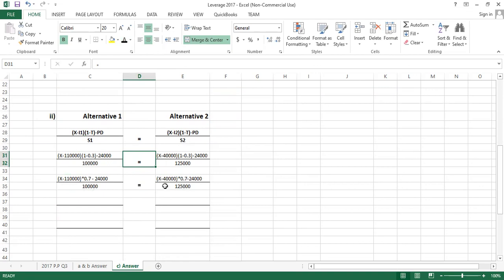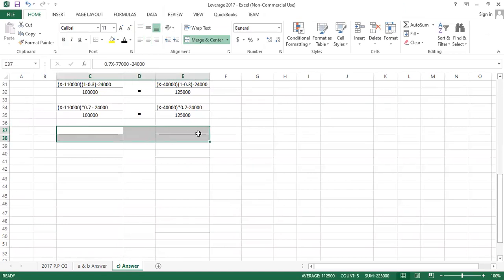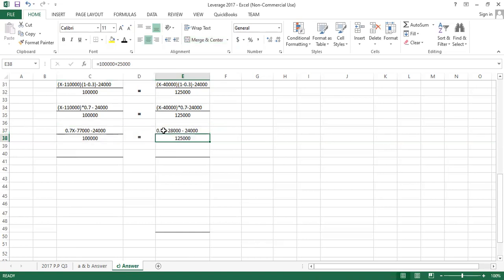Likewise, (X minus 40,000) multiplied by 0.7, minus 24,000, divided by 125,000. Solving this, we get 0.7X minus 0.7 multiplied by 110,000, which is 77,000, minus 24,000, divided by 100,000, equals 0.7X minus 0.7 multiplied by 40,000, which is 28,000, minus 24,000, divided by 125,000.